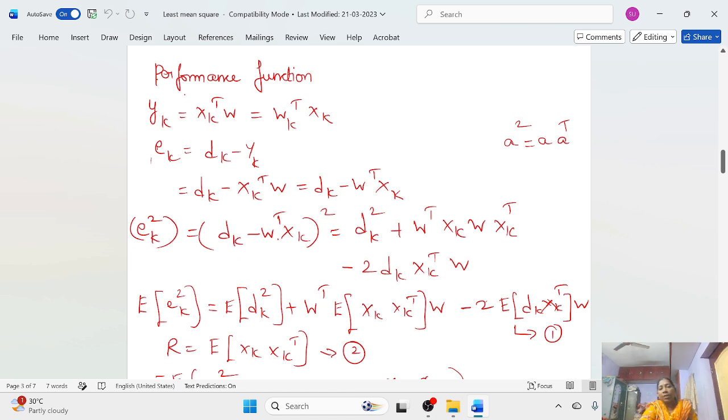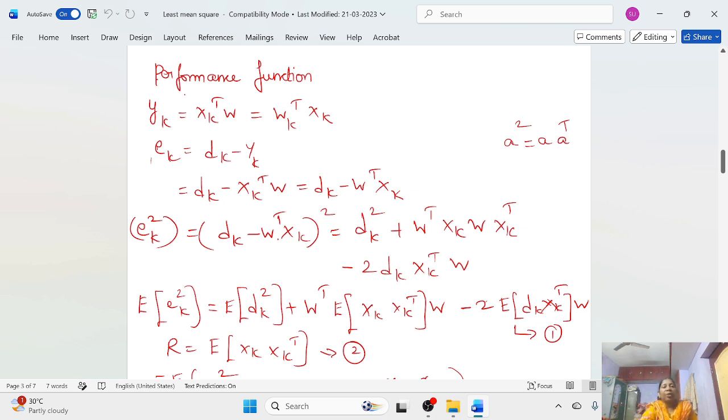Now a squared is nothing but dk squared, plus, minus 2ab is minus 2 into dk into xk transpose w, plus b squared is nothing but w transpose xk. This we can express as w transpose xk and xk transpose w, in that way.